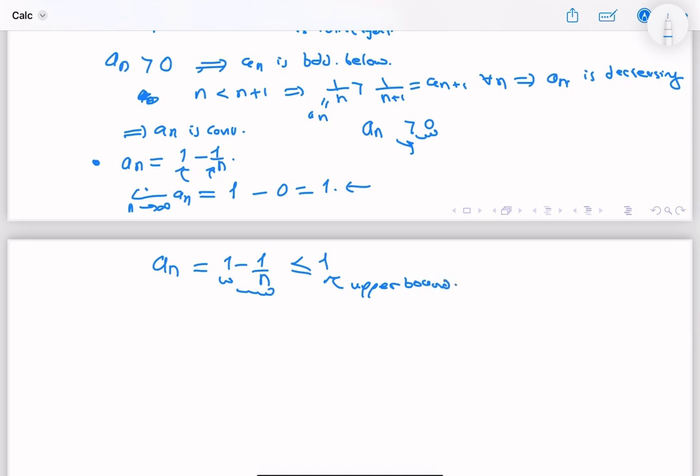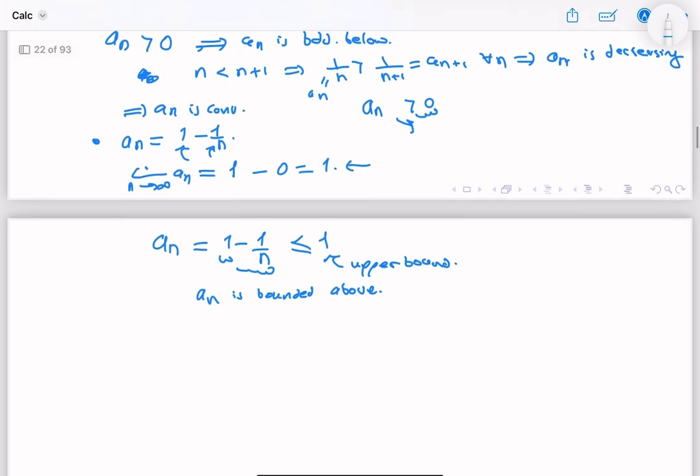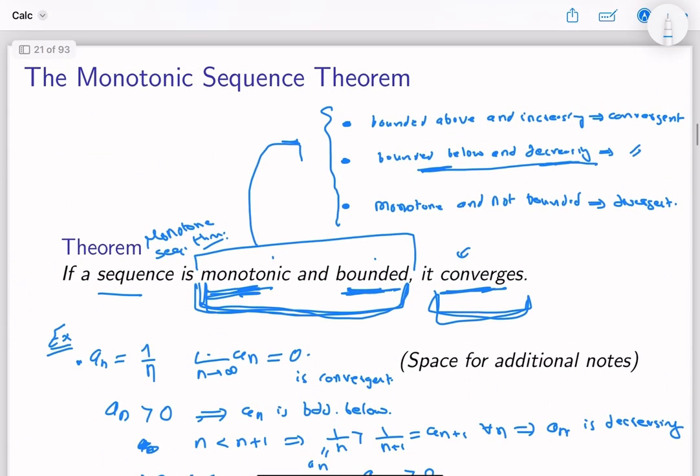So we have an upper bound, that is 1, meaning a_n is bounded above by 1, and so it suffices to prove that a_n is increasing to get convergence, because remember, this is what the theorem is telling us. If it's bounded above and it's increasing, hence it's convergent.